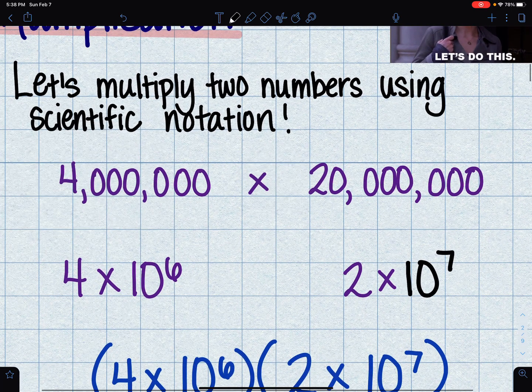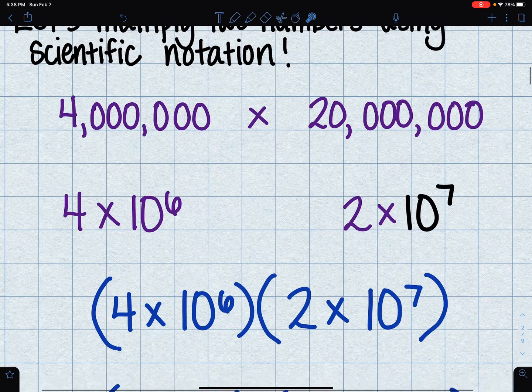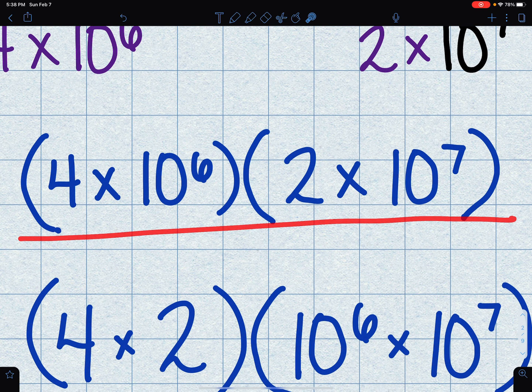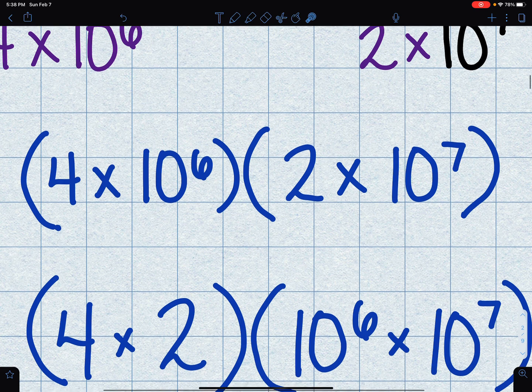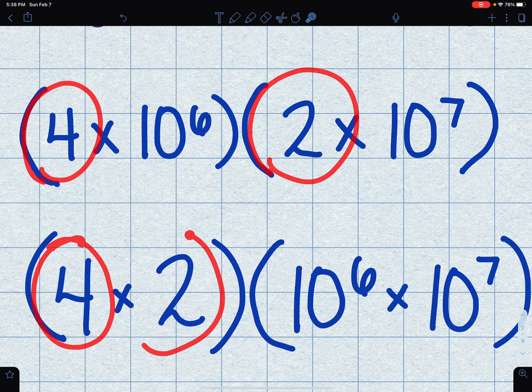So now we're multiplying two numbers, which are 4 times 10 to the 6th and 2 times 10 to the 7th. So our problem has turned into this one, 4 times 10 to the 6th times 2 times 10 to the 7th. And this is actually really cool and really easy, because what you're going to do is pull out this 4, put it here. You're going to pull out this 2, put it here.